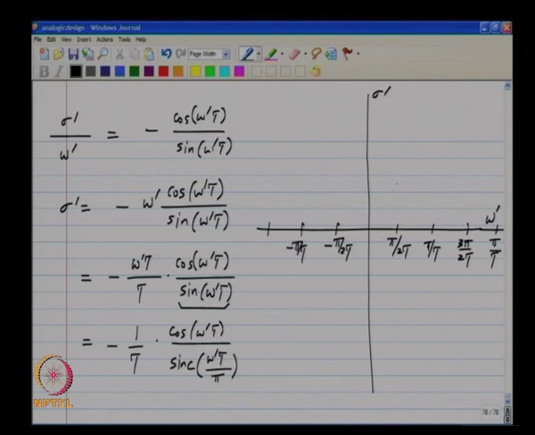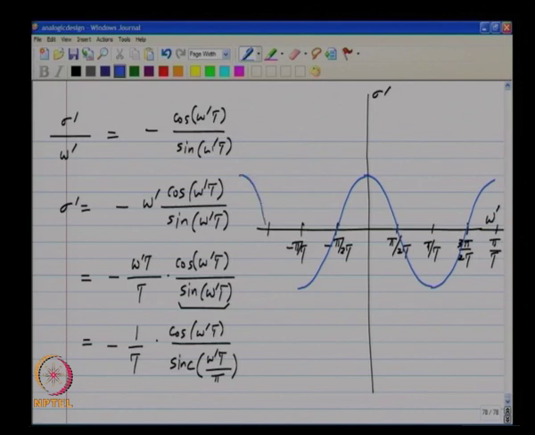So, first I will plot the cos, which starts at unity, goes to 0 at plus minus pi by 2 tau, becomes minus 1 at plus minus pi tau, and does something like this.